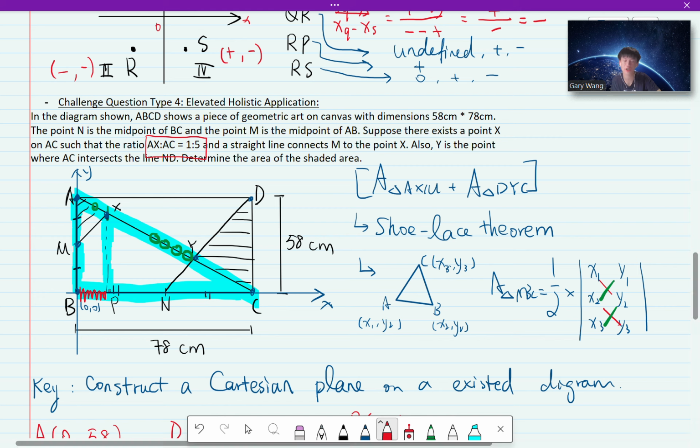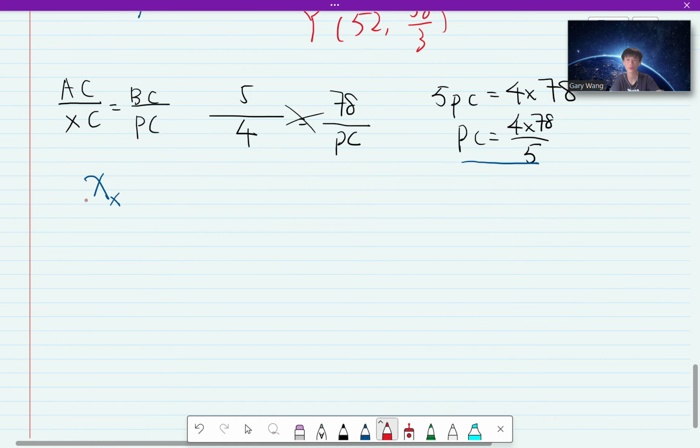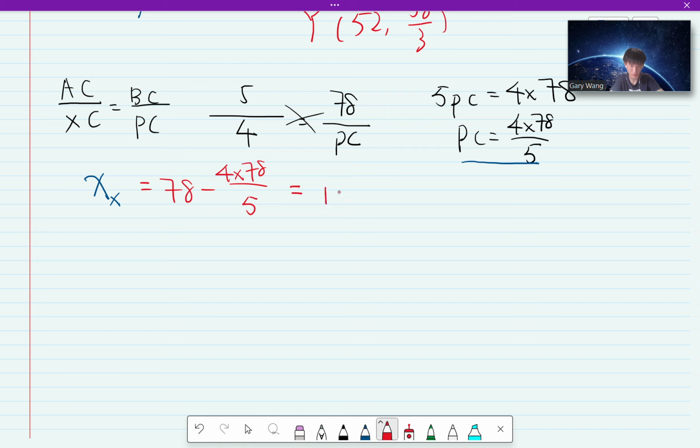We also just calculated PC. So BP should simply be BC minus PC, which equals 78 minus 4 times 78 over 5, which is 15.6 centimeters. So this is how we get the x value of point X.